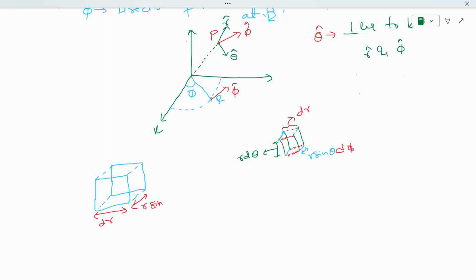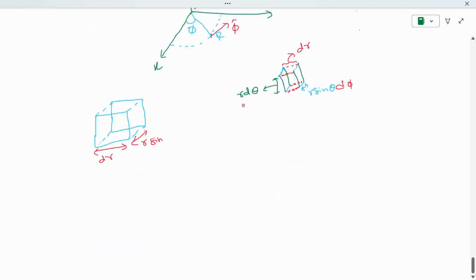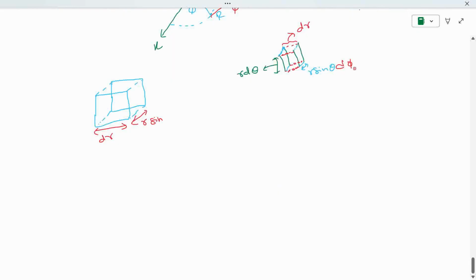I forgot to write d phi, because the angle it is making is d phi here. So we have to multiply r sine theta by d phi, the radius into the angle it is making, and that will give the arc length.